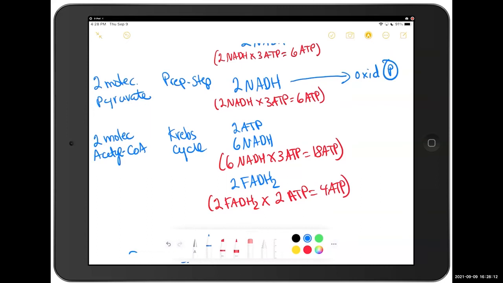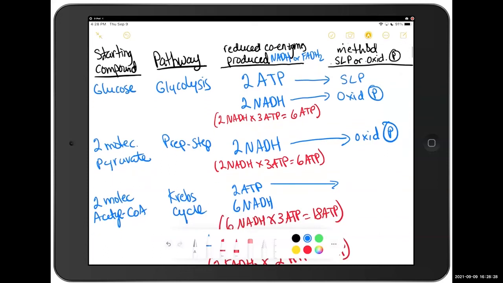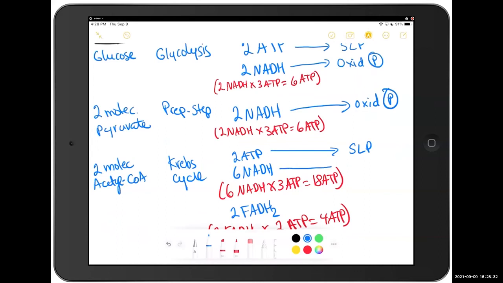Now let's go back here. What is the ATP generation method for the 2 ATP that were generated? Is it SLP or oxidative phosphorylation? SLP. And what about the NADH? What method is it going to use to generate ATP?